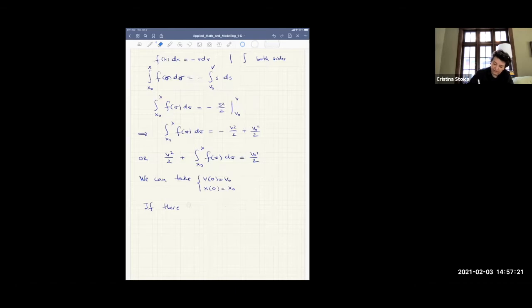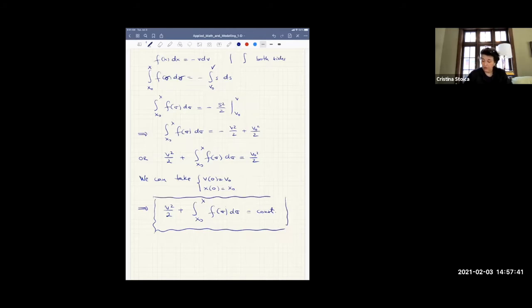Just leave it like this. So the point is that we end up with something that looks like this, and that constant can be taken as the value of the velocity at 0.